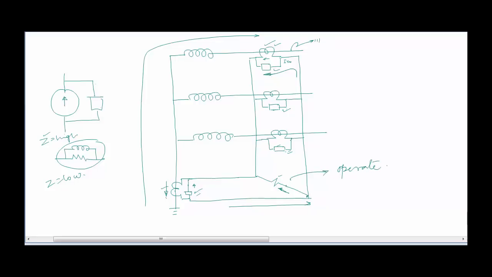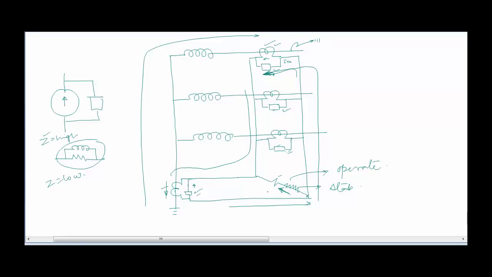But if we introduce a high impedance, which is called a stabilizing resistance, in the circuit, there will be a flow of current through this path of the relay, but since the other path has a very low impedance, the maximum current will take up that path. So the maximum current during the faulty situation will be flowing through this path and returning this way, and a very minimum amount of current will be flowing in this way, because this current is experiencing a very high amount of resistance.